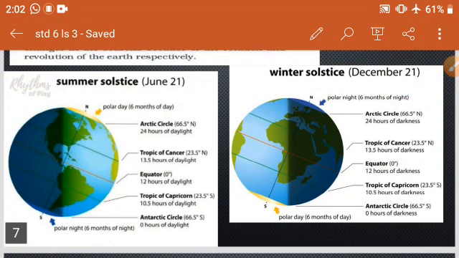So in the South Pole there is continuous day for 6 months, and in the North Pole it is continuous night for 6 months. So this is the difference between summer solstice and winter solstice.